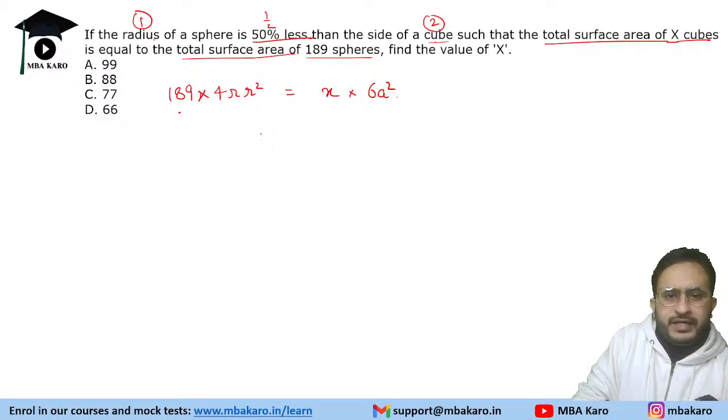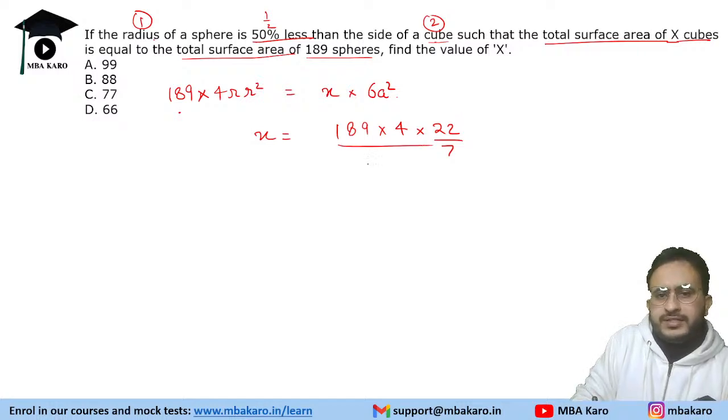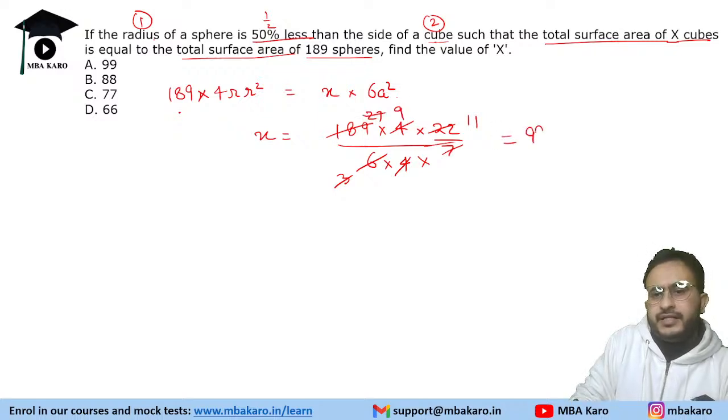So we will get x is equal to 189 into 4 pi, pi is 22 by 7, r square is 1 only, upon 6a square. So 6 into 4. Okay, so this cancels out. This is 27 and 27. This is 11 by 3 and 9. 9 into 11, you will get 99 as the answer.